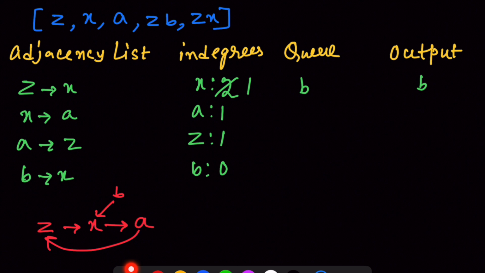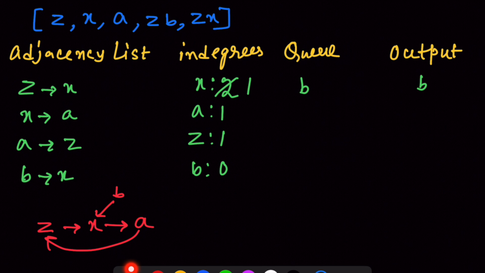How will our algorithm detect it? These are the in-degrees. X has two in-degrees, one from Z, one from B. Initially, A has one in-degree, Z has one in-degree, B has 0 in-degree. So first we'll be processing B. So B will be in our queue. Now B's neighbor is X. So we'll decrease the in-degree of X. It will become 1.